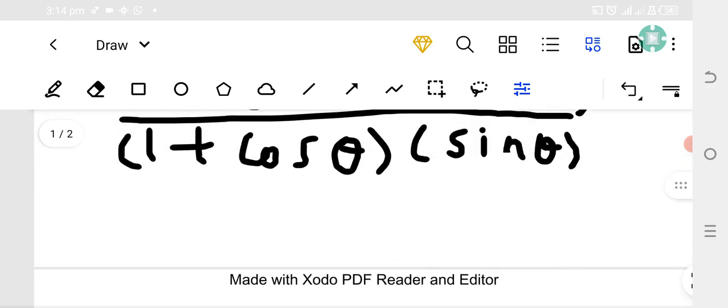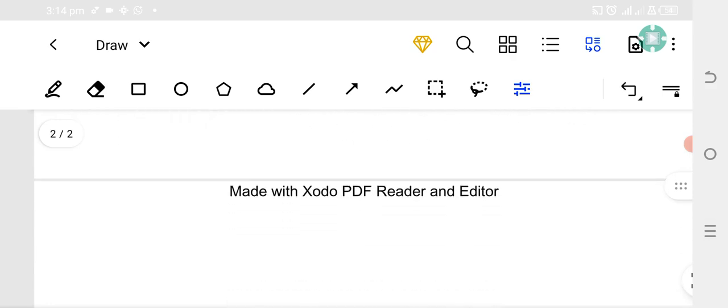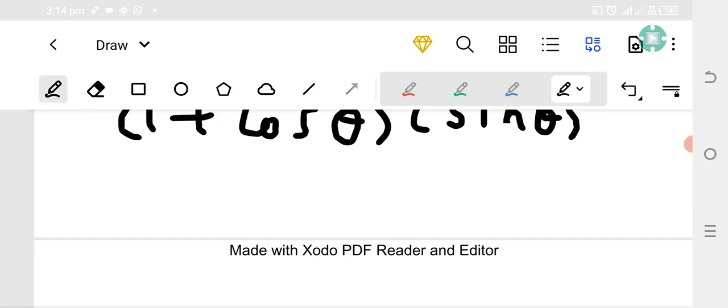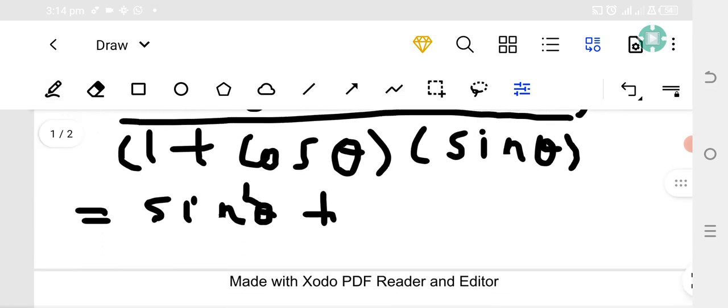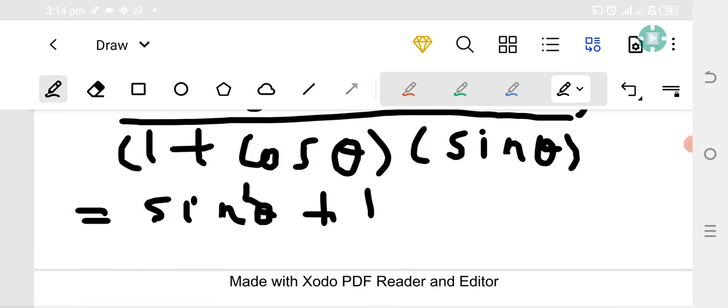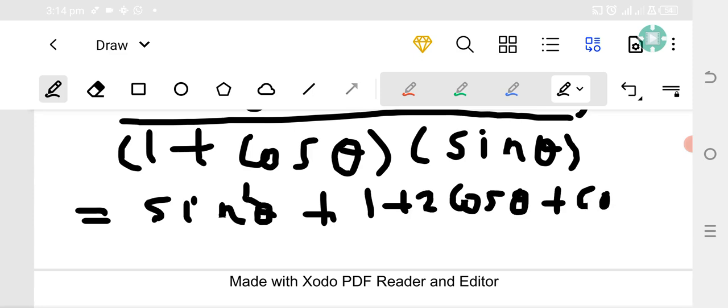So this page is about to be done. Let me maximize the page, I might run out of space. So I'm going to say is equal to sin theta squared, plus we expand it: 1 squared is 1, 1 times cos theta is cos theta, cos theta times 1 again gives plus 2 cos theta, then plus cos theta times cos theta, which is cos theta squared.